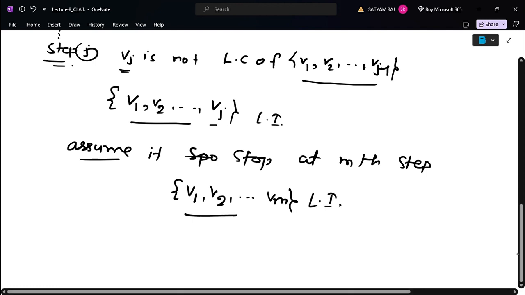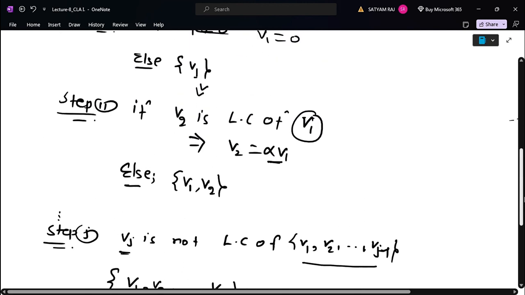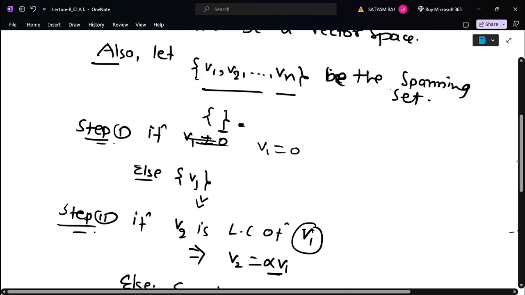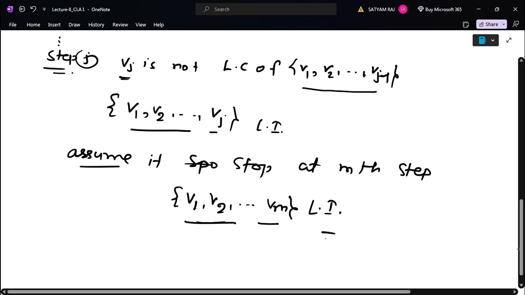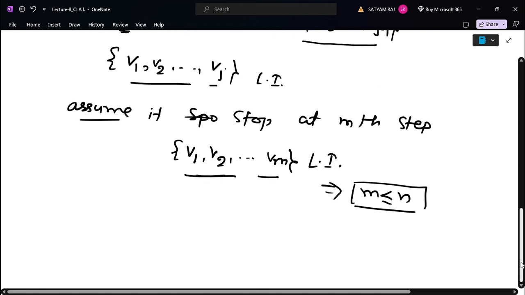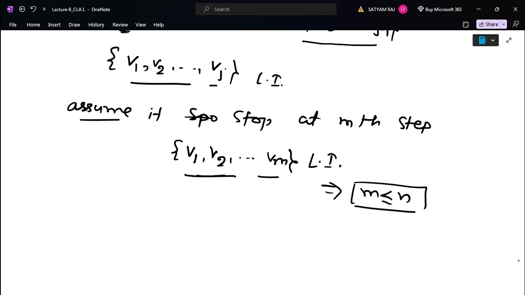If this is spanning, then we can say that this is a basis, and all those vectors are taken from v1, v2, ..., vn. So obviously here m will be less than or equal to n. Now if it is spanning, we are done.